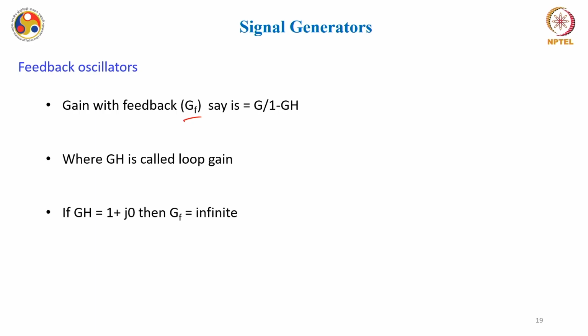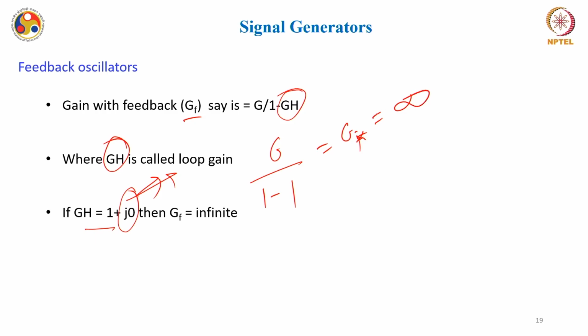Here GH is called the loop gain, and since GH is a complex term, I am also writing a j0 to show that the complex part is null. If GH is 1, then I have G by 1 minus 1, which means that GF is equal to infinite.